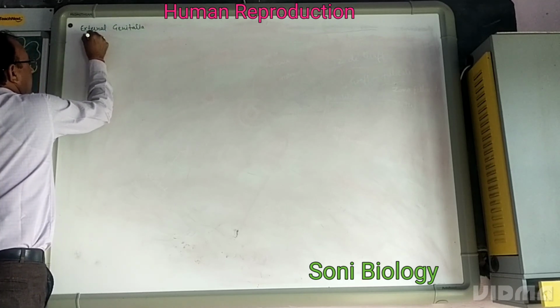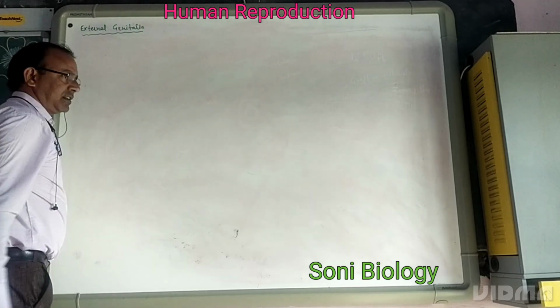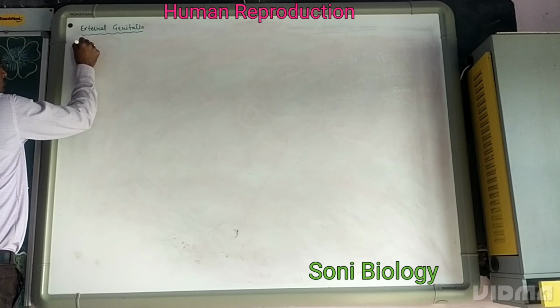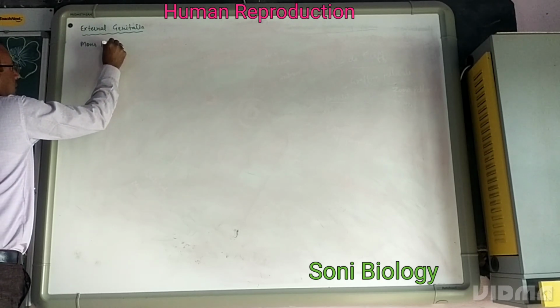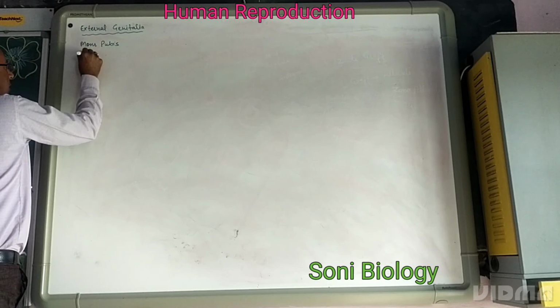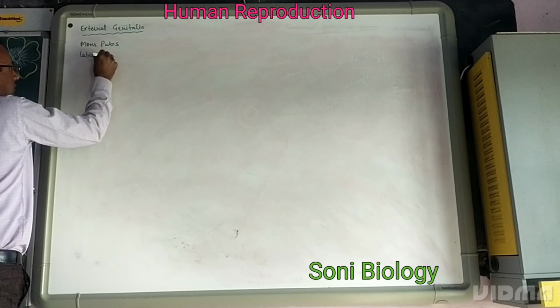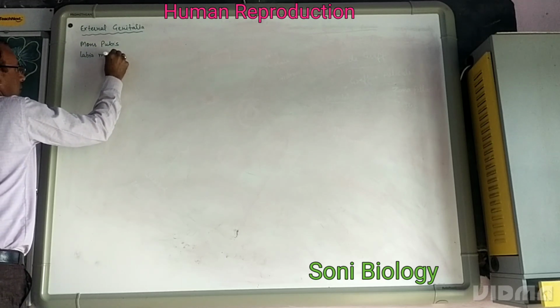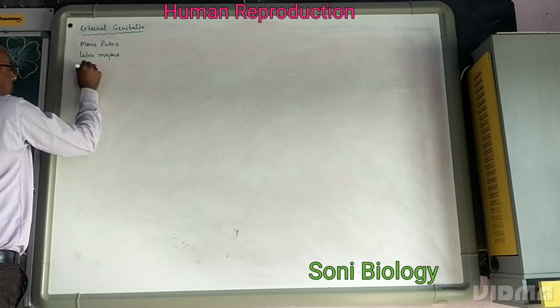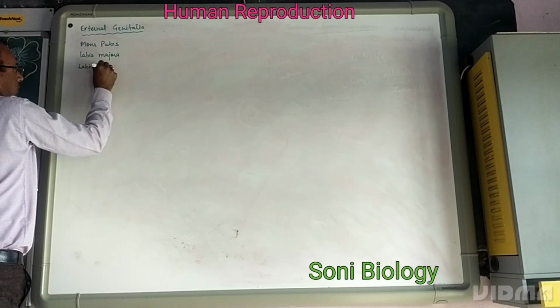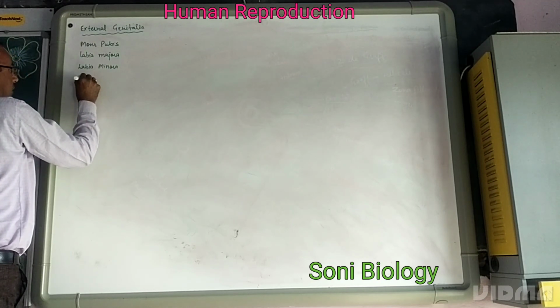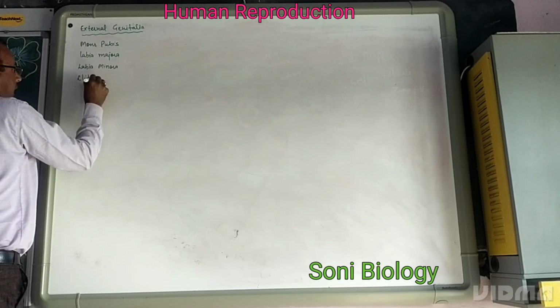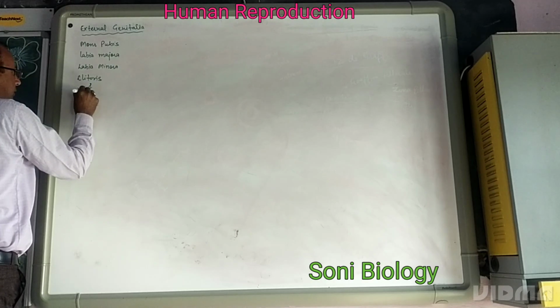In female, external genitalia consist of mons pubis, labia majora, labia minora, clitoris and hymen.